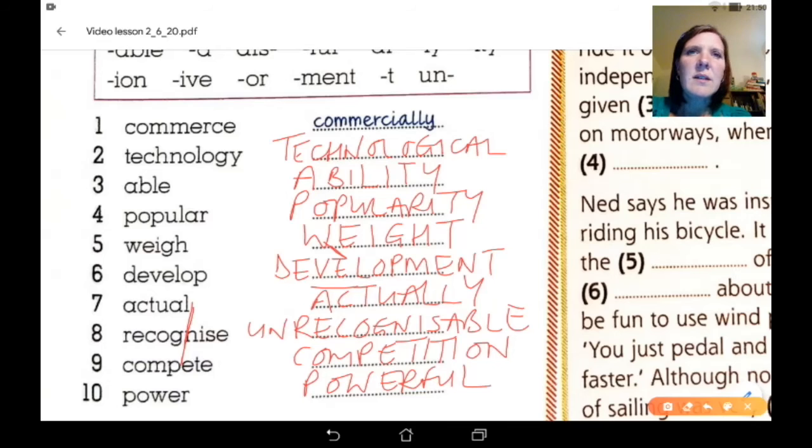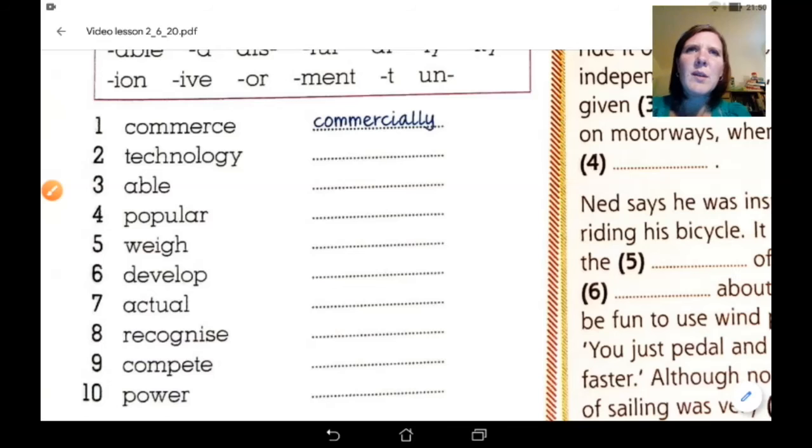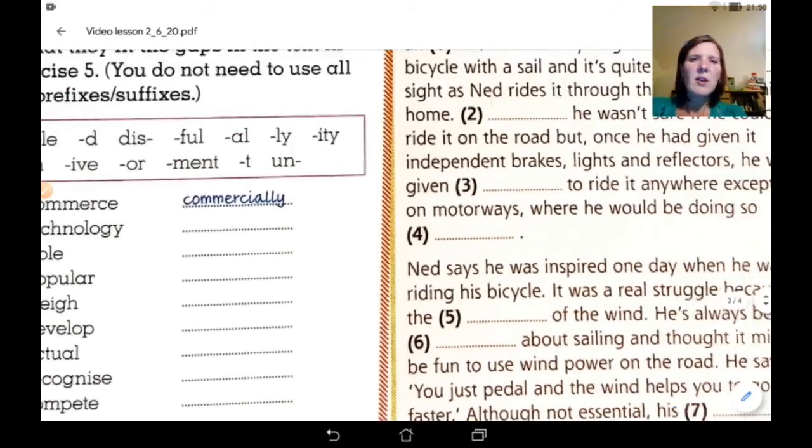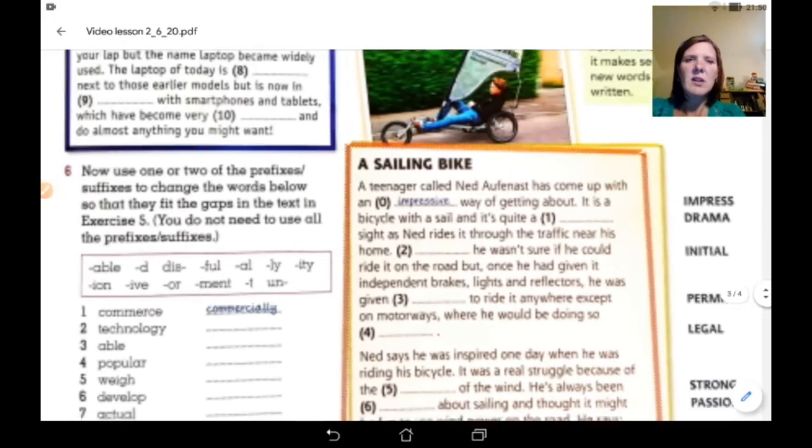Okay, and yeah, that was everything for that particular exercise. Again, I'm going to have to cancel this one here. So I hope you managed to get all of the answers. Moving across the page.